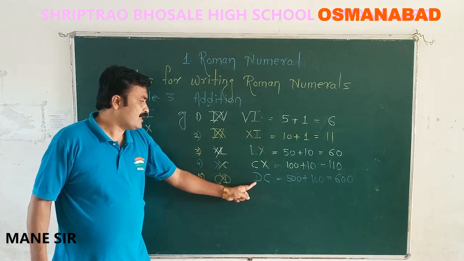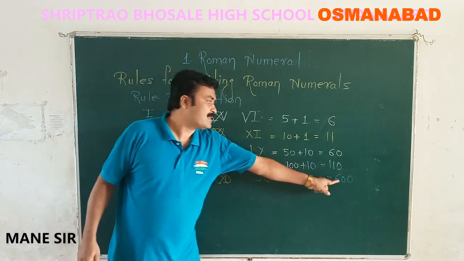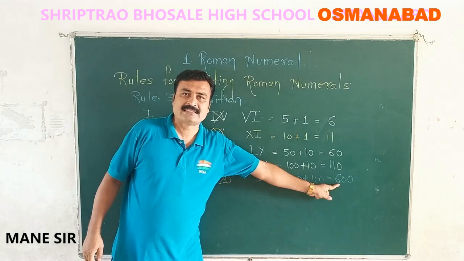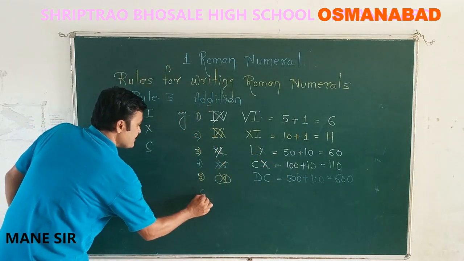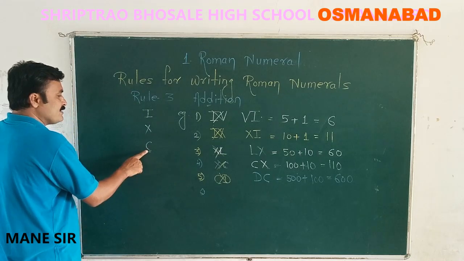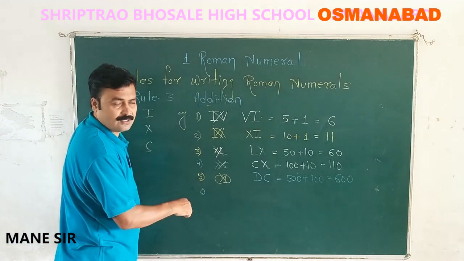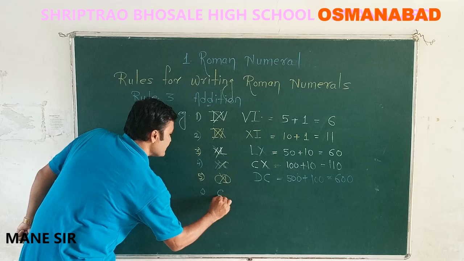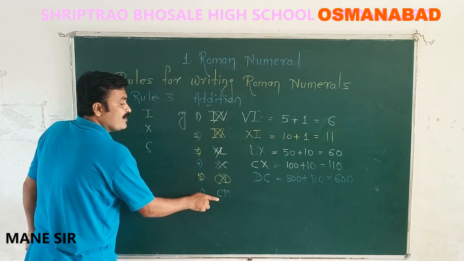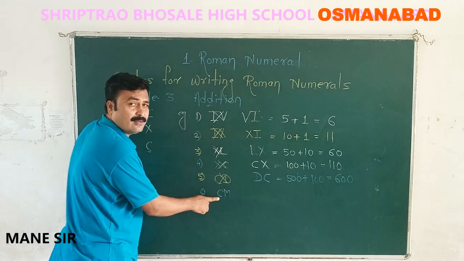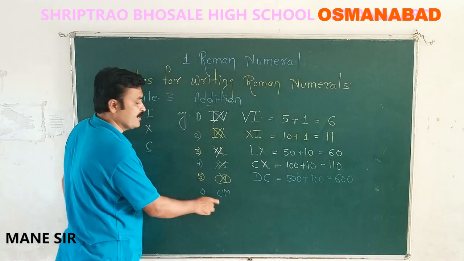So by using DC, we represented the international number 600. Thereafter, we can continue with the next example also. We write C before M also, that means in this way, CM. In this condition, CM represents the international number 900.